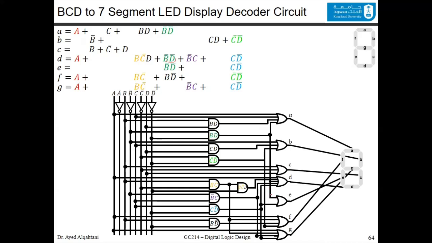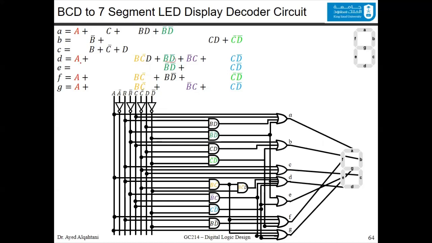Now, to make the block diagram look nice, you should start by drawing the inputs, which are A, B, C, and D, in their original or normal form, and their complements, as you can see here. Sometimes it's better to have multiple levels.